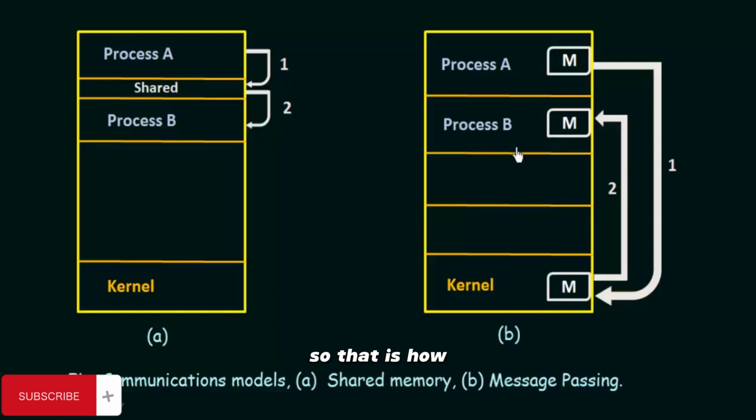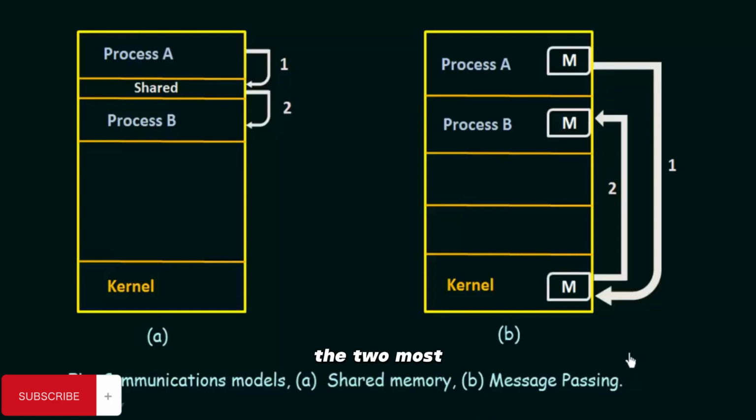That is how the message flows in this message passing model. Process A sends the message to the kernel, and the kernel sends the message to process B. In that way, process A is able to communicate to process B via message passing. So that is how communication takes place in a message passing model.